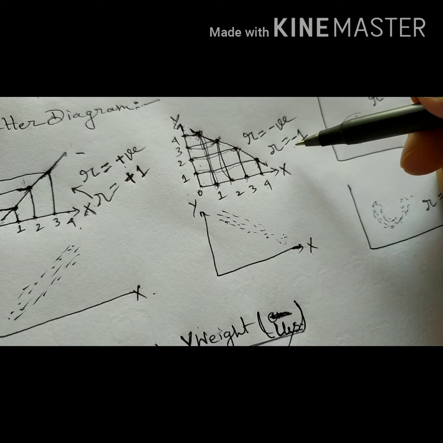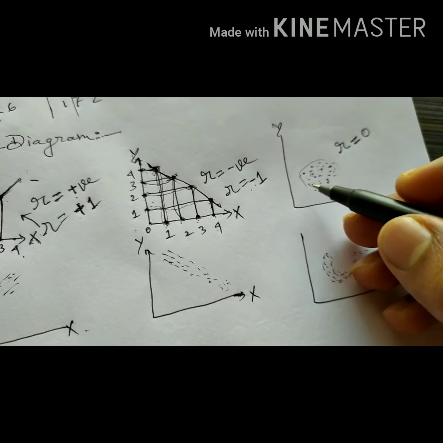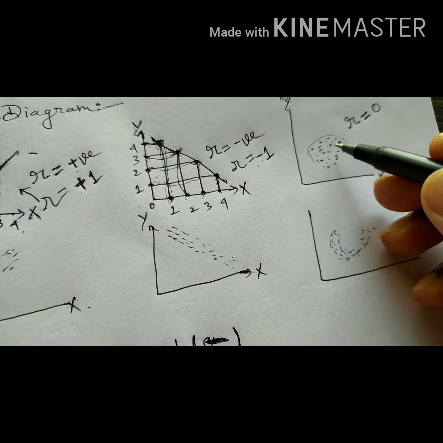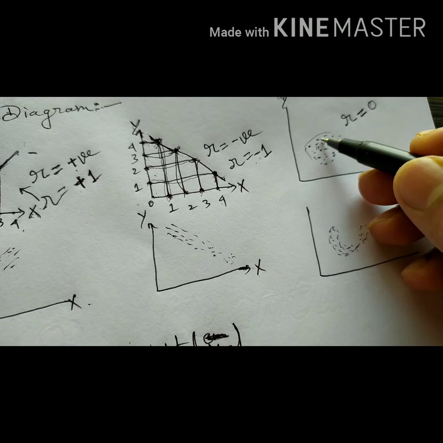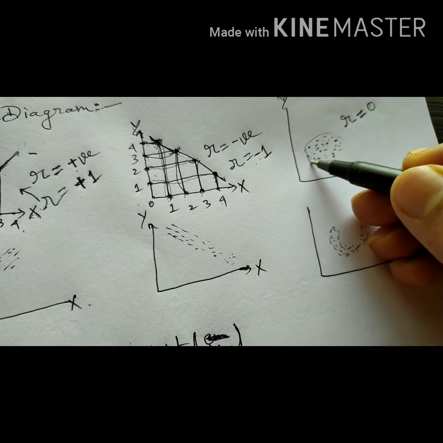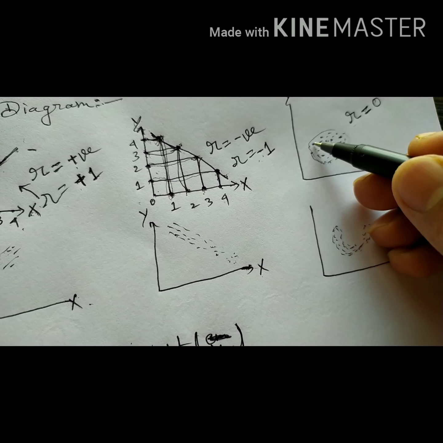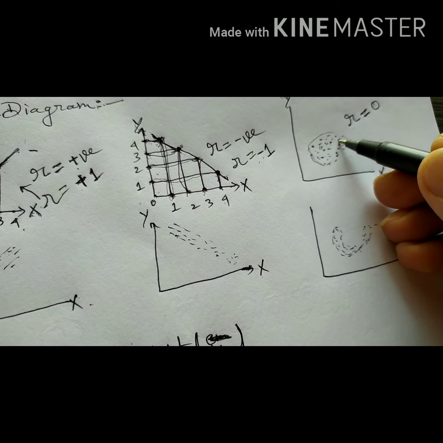Now sometimes it may happen that there is no relationship between x and y. Why? Because from this diagram we have seen there are a lot of points, so there is no relationship between the two variables. Why?